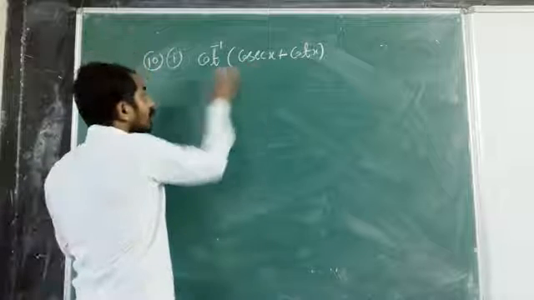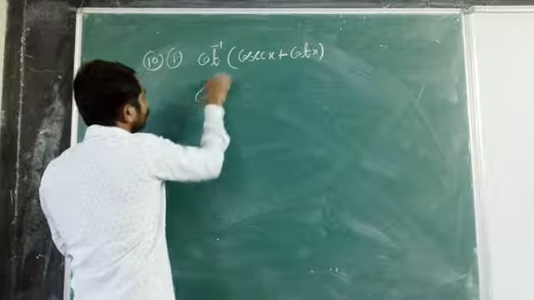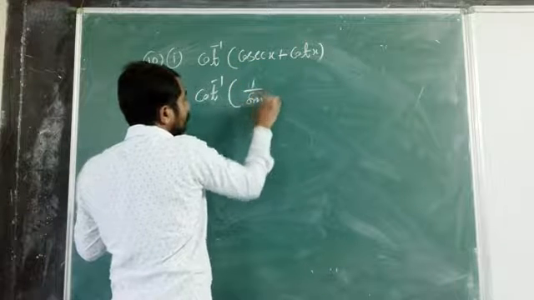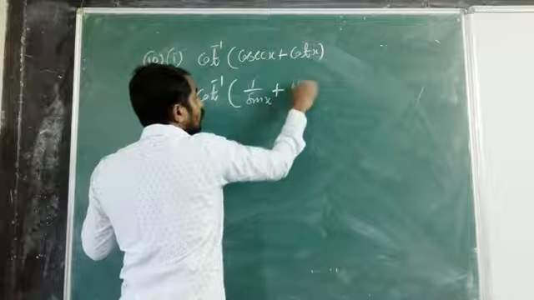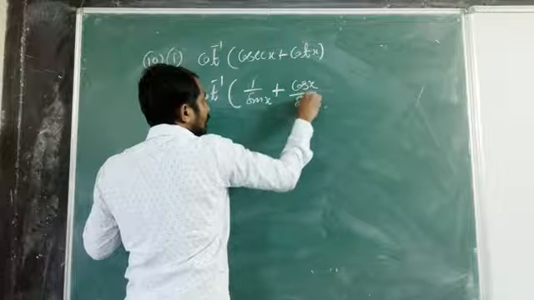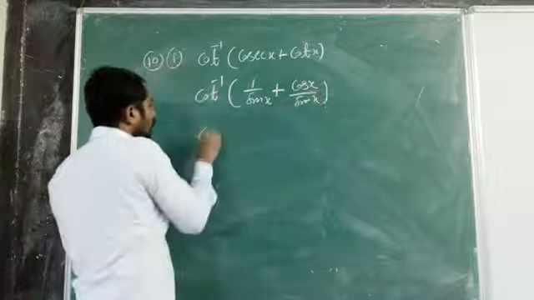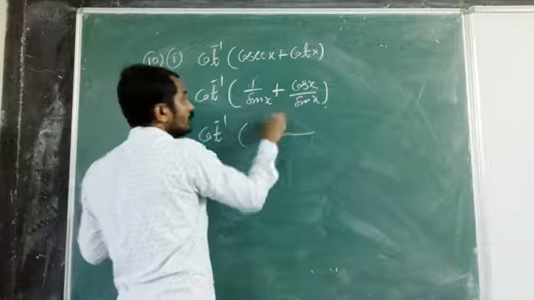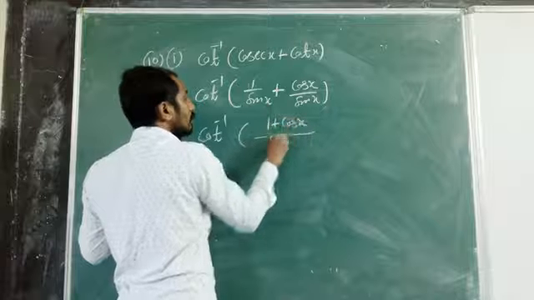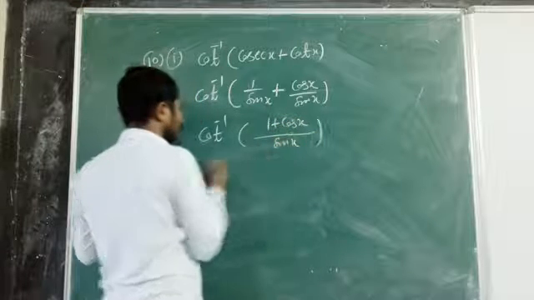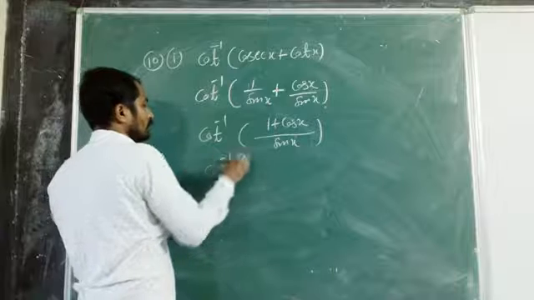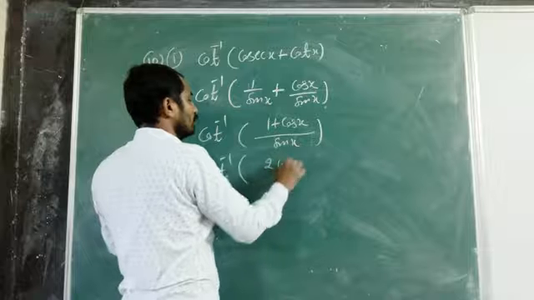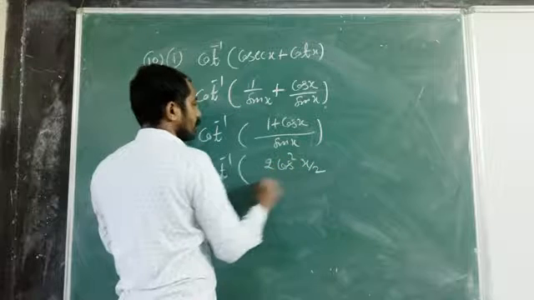Now simplify this function. Cot inverse of 1 upon sin x, the reciprocal, plus cot x equal to cos x upon sin x. Take the LCM. LCM is sin x, that is 1 plus cos x upon sin x. Cot inverse of 1 plus cos x, half angle form 2 cos square x by 2.